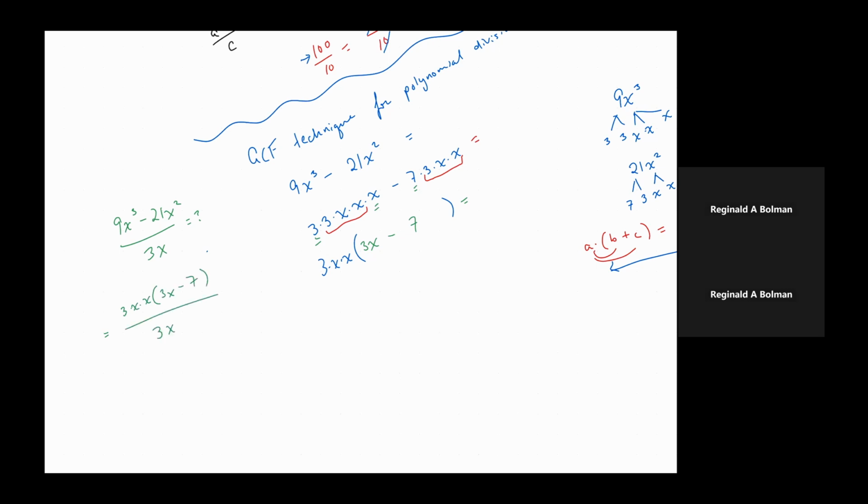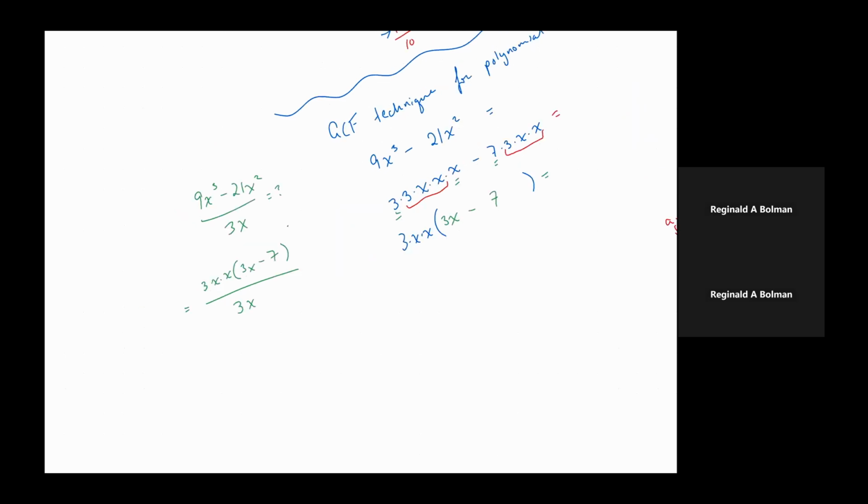So the pattern, guys, is just like before where we had 100 divided by 10, and you can expand out 100 into 10 times 10 over 10, and that gives you 10. When we expand out this numerator, what we're ultimately looking for are terms common between the numerator and the denominator. And you'll see that you've got an x and an x, a 3 and a 3.